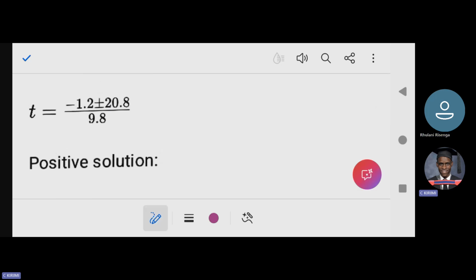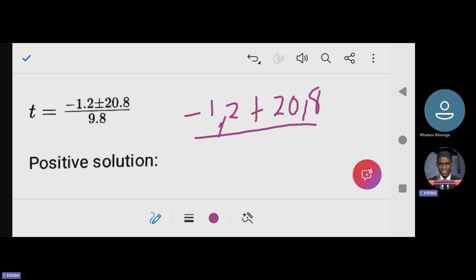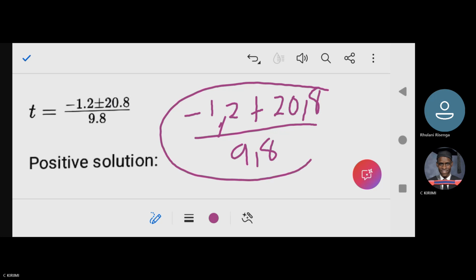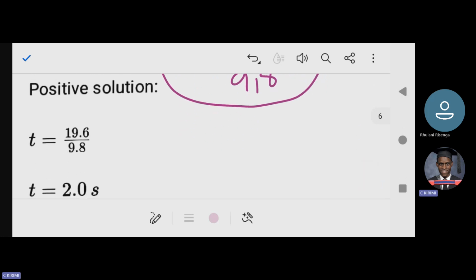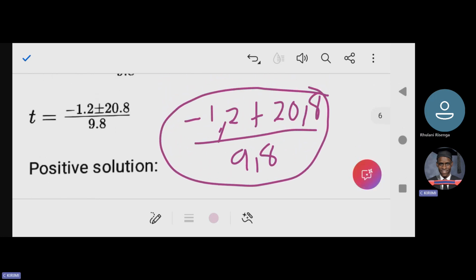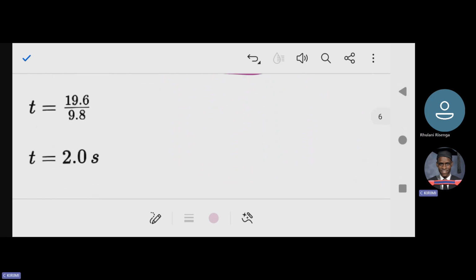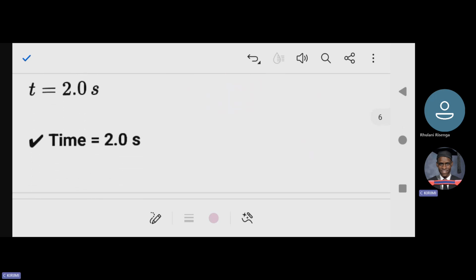Our two solutions are negative 1.2 plus or minus 20.8 over 9.8. This is the one that we will take. If we take the one with the negative, it will give us a negative time, so we leave that one. The time is approximately 2.0 seconds.